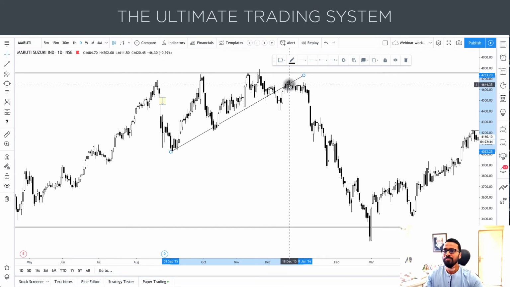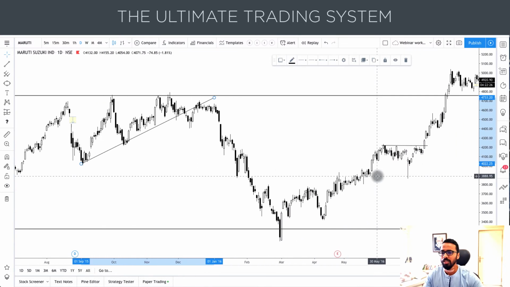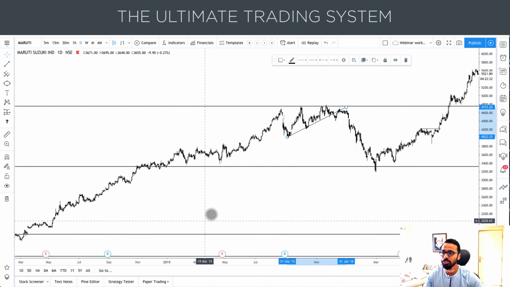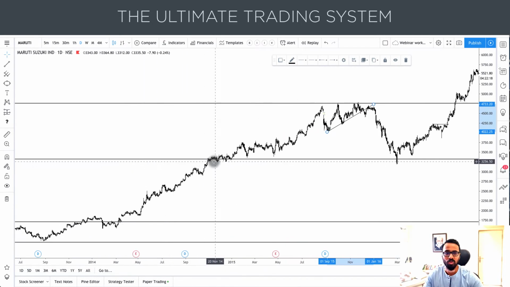So if this breaks and this gets retested, that's the key word, guys, retested, I can take the position on the short side somewhere here. Okay, let's move on. You see this support level here, and this support level was created because of this resistance level here. So there is a change in polarity.